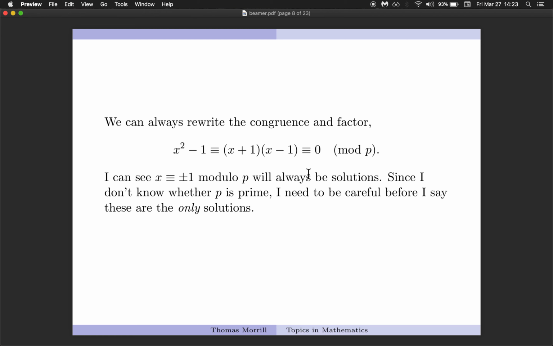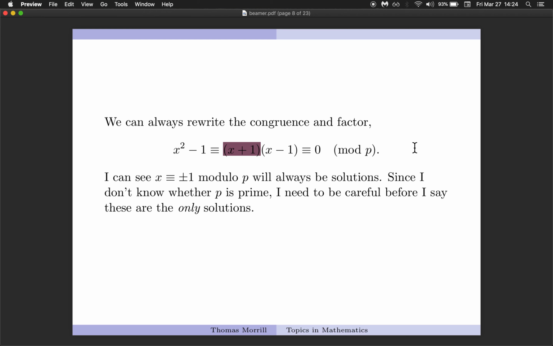That's still working. So no matter what, if p is prime or if p is a composite number by accident, these two solutions will always work. x equals positive 1 will make this bit 0, the whole thing goes away. x equals minus 1 will make this bit 0, the whole thing will be 0. Great.